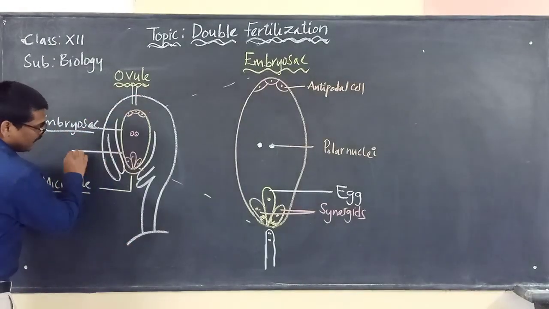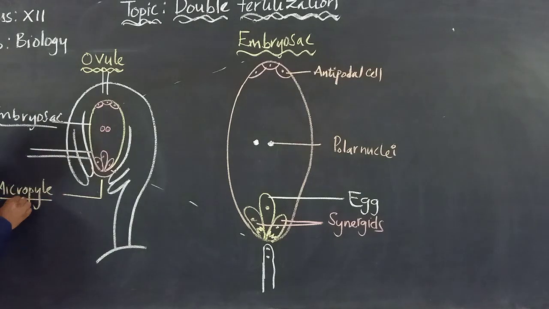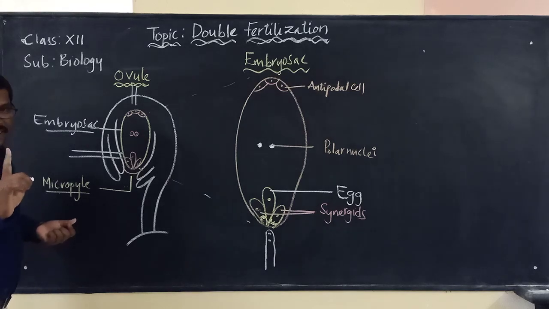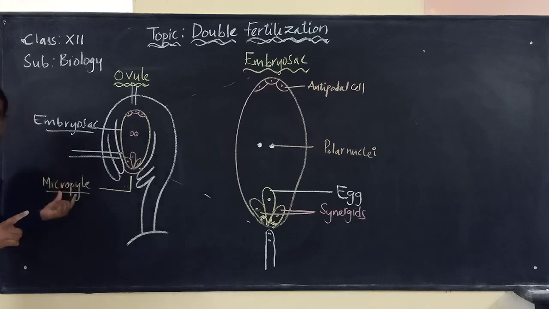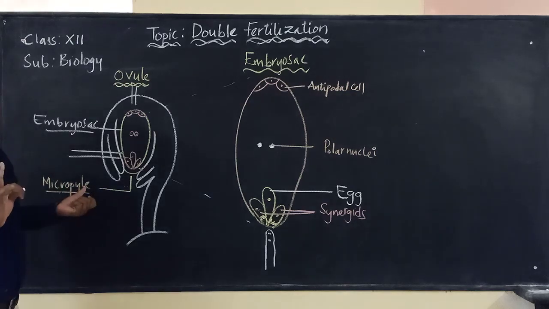We said porogamy if it enters through the integument. And we said mesogamy if it enters through the micropyle region. The most common way through which the pollen tube enters the ovule is the micropyle region. So we have to remember that: micropyle region, we call it mesogamy.